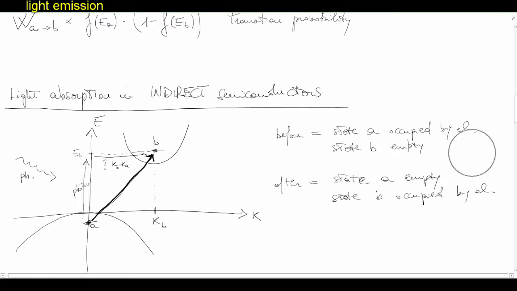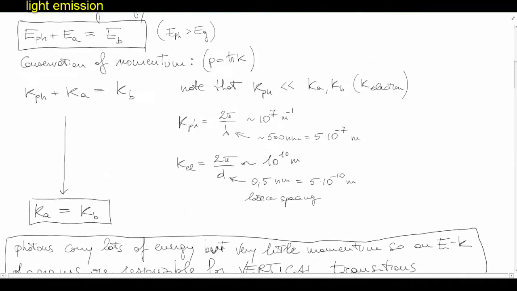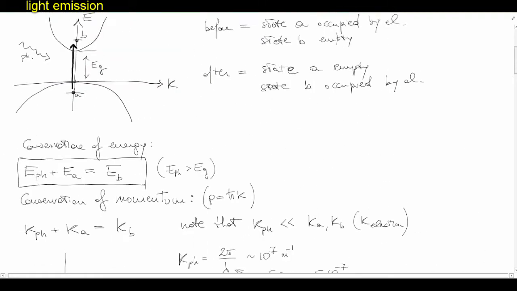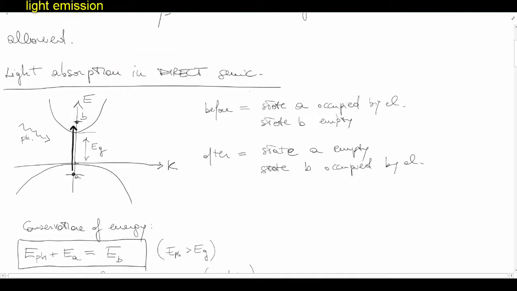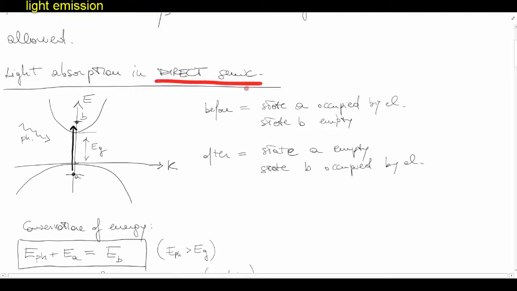So yesterday, we had a look at the processes that are involved in light emission and light absorption, both in direct semiconductors. And you remember that we saw this diagram here with the vertical transition, which is allowed by photons.